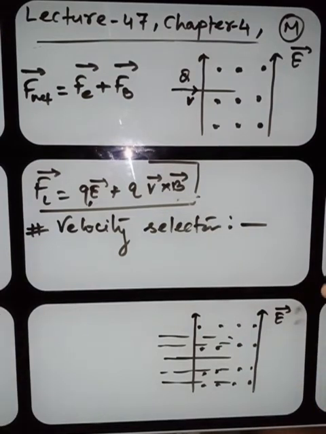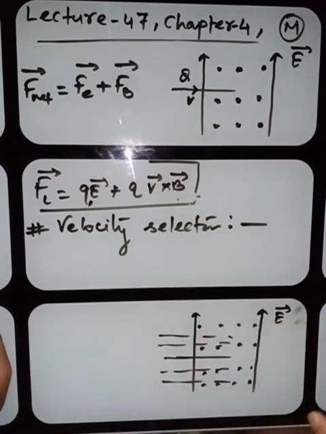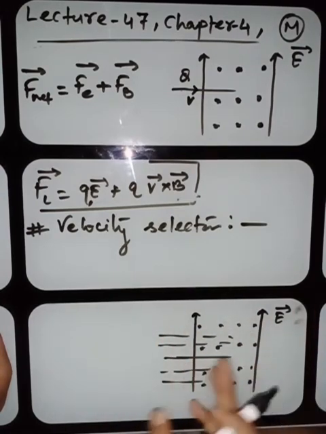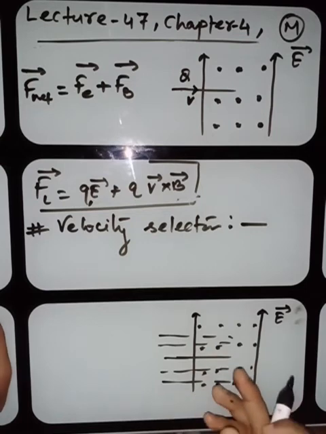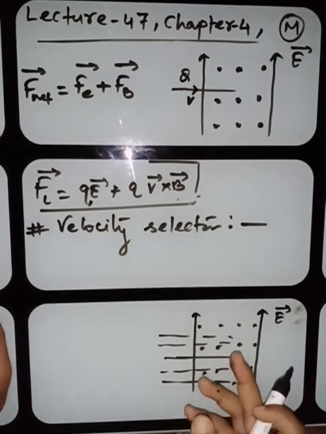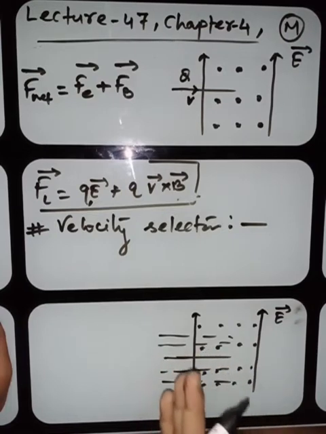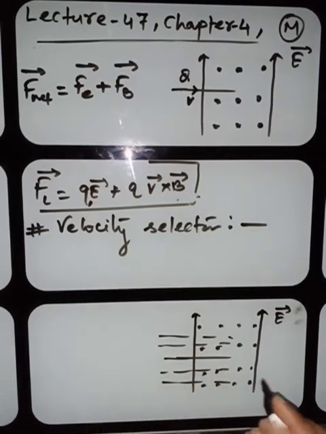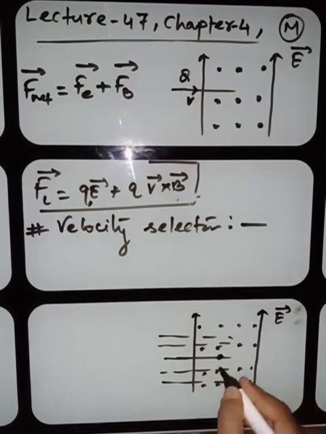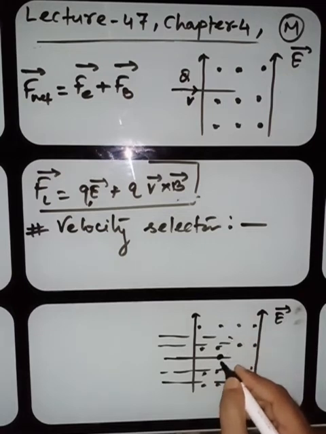Yes. Now, my dear students, suppose a number of charges are moving with a particular speed, and out of all the charges, what will happen if the charged particle fulfills this particular condition? What is the condition? As it enters the magnetic field, what will be the direction of force due to the electric field?